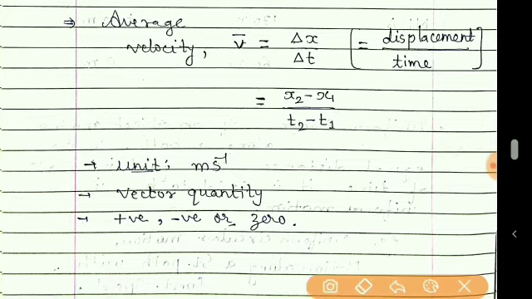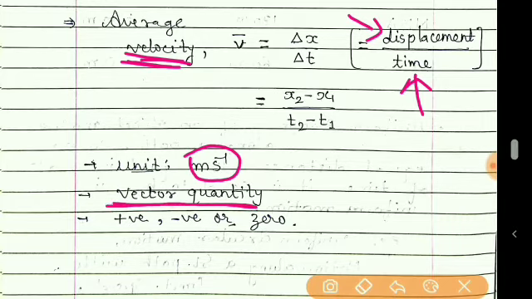Now the unit: displacement is in meter and time is in second, so meter per second, same as that of average speed. Path length was a scalar quantity because it does not have any direction. But this average velocity has a direction involved in it, and so it is a vector quantity.